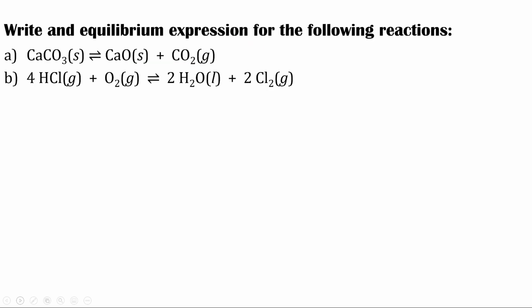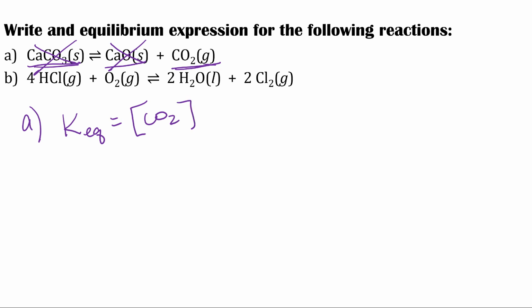So here's two examples. For A, I look at my stuff. I've got a gas here. I've got a solid, so I'm not going to include that. I've got a solid, so I'm not going to include that. So my K here would simply be the concentration of CO2. And then for B, I've got a gas, so that's good. I have a liquid there, and I don't include liquids.